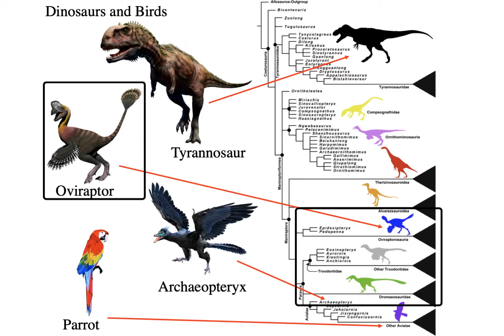And if you look back here, you find other dinosaurs with feathers also, but the feathers were primarily for heat retention and for coloration, for attracting mates as well.